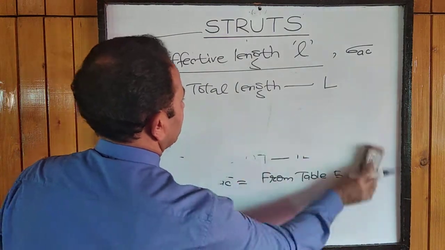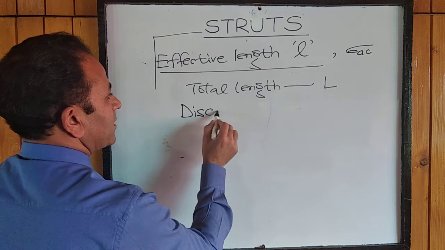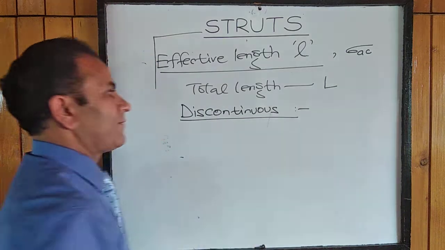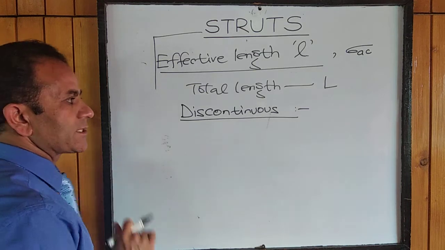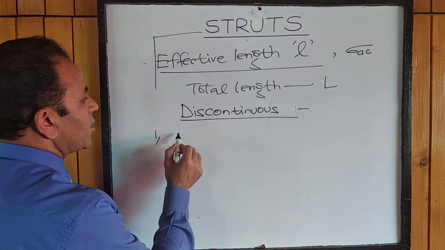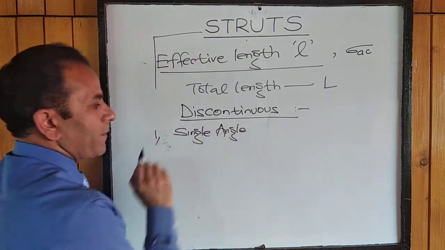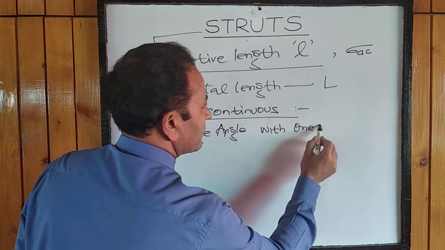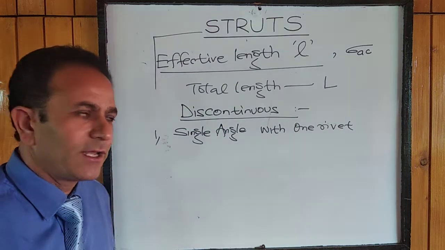Now if it is a discontinuous member, then there are many cases. If the strut is a discontinuous one, then various provisions are there depending upon the combination of the members used as strut. Say for example, we have various subtypes in it. Say we have a single angle section connected to the gusset plate with a single rivet at each end.